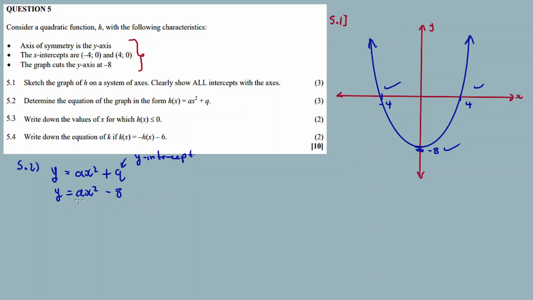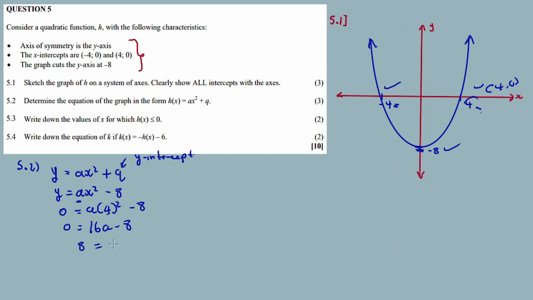Now what are we left with? We are left with a, the value of a. How do we calculate a? I can use either this point or this point to find a. So let's use this one, 4 and 0. So y is 0, and x is 4, so 0 = a(4) squared minus 8. 4 squared is 16, so 16a minus 8 = 0.